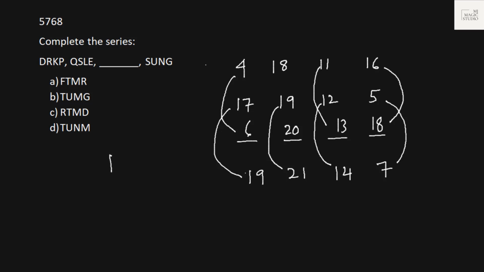Let me check. 6 is F, 20 is T, 13 is M, and 18 is R. FTMR, we have that in option A.